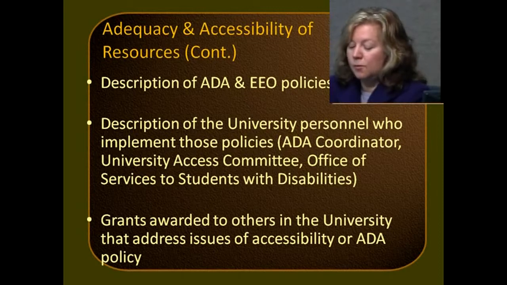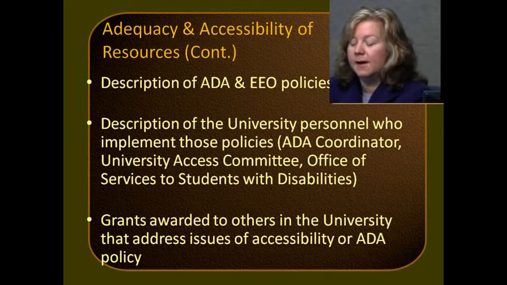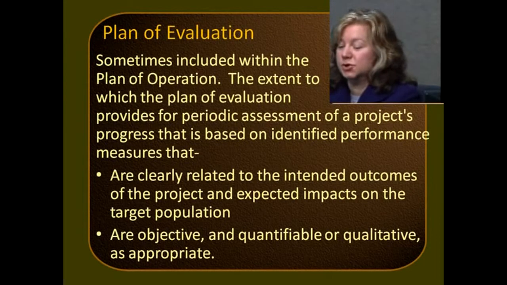Finally, has anyone within your agency gotten any grants to address the implementation of ADA? Anyone in your agency focus specifically on accessibility? If so, this is a place where you can highlight that you've received funding to work specifically on accessibility issues.